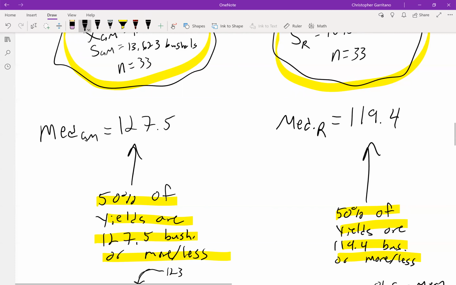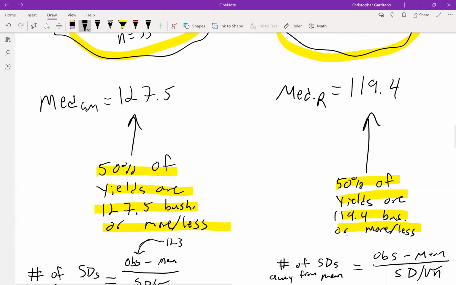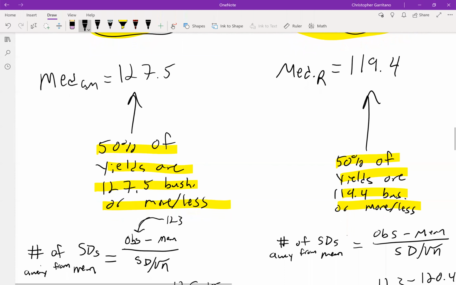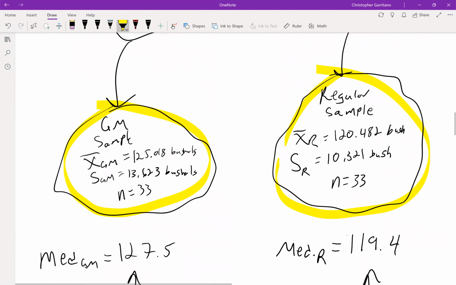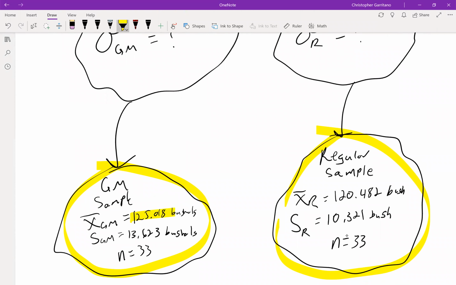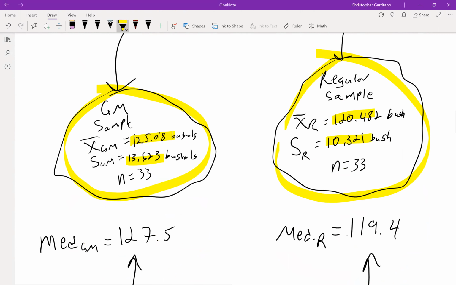I think an argument that I like is just to refer to the number of standard deviations above or below the mean. Again, this is assuming that the population mean and the population standard deviation are equal to our sample mean and sample standard deviation.